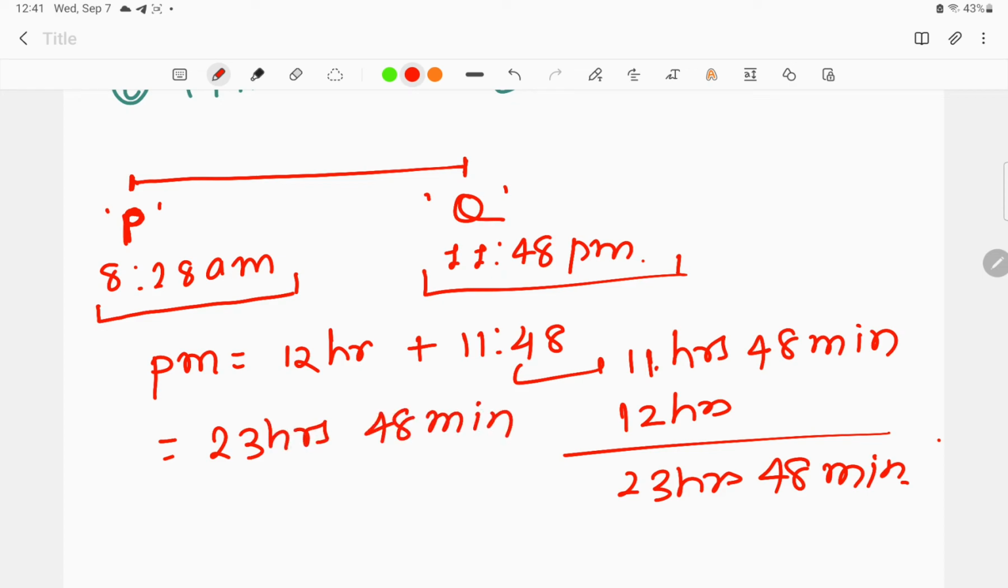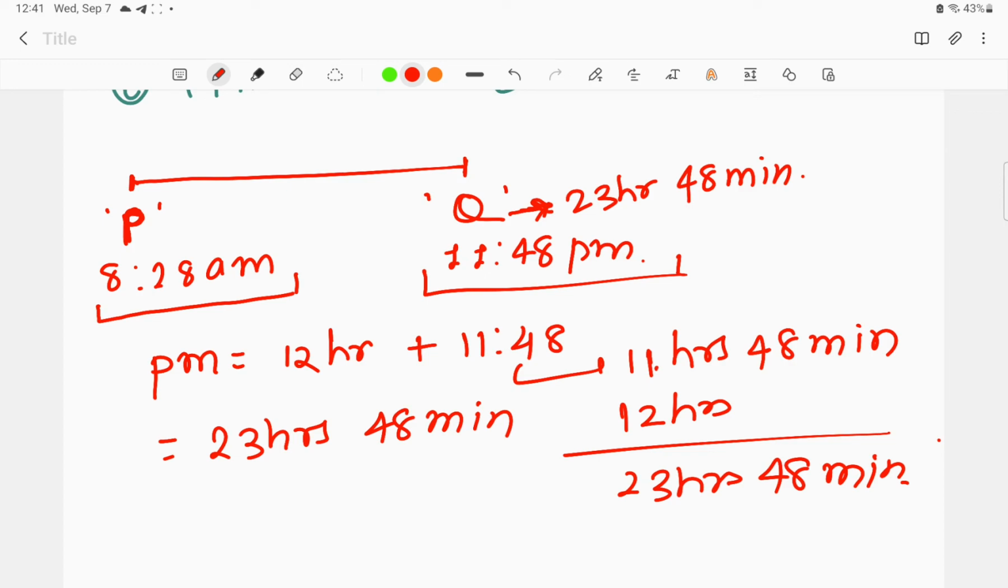Now, this is 23 hours. The time at which the train reached station Q is 23 hours and 48 minutes. So what we have to do here is, I have told you that when the time difference is asked, we have to just subtract the time durations, right?